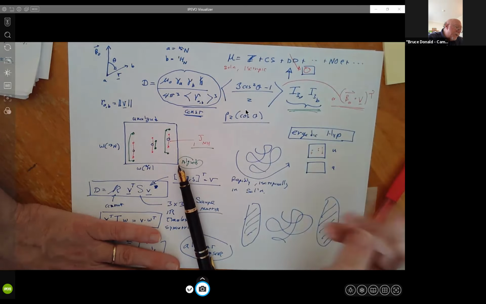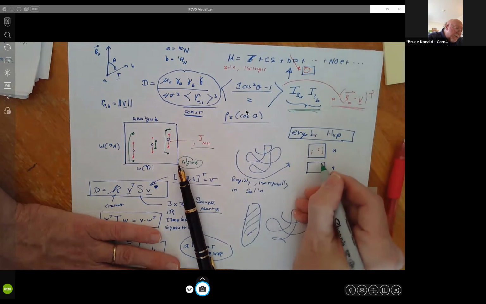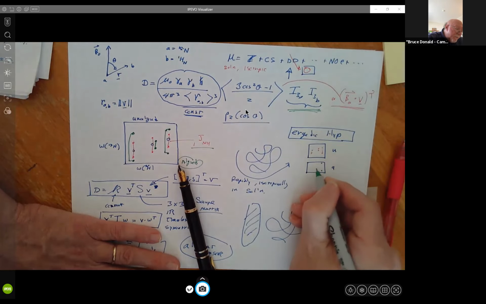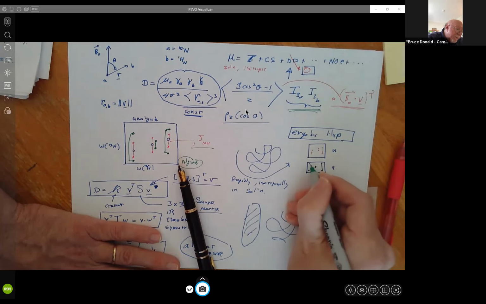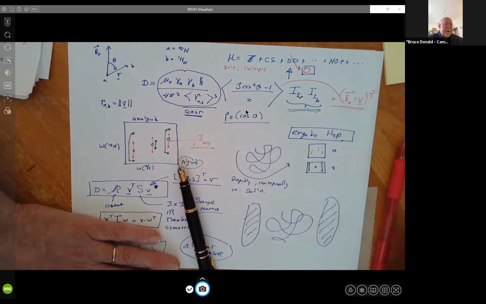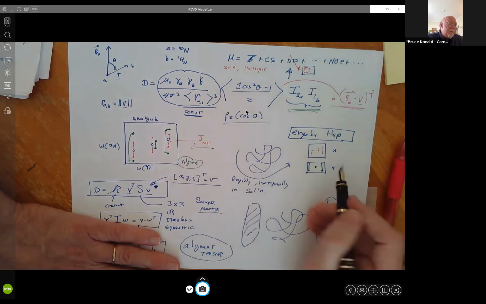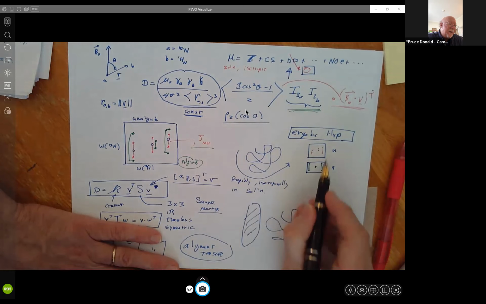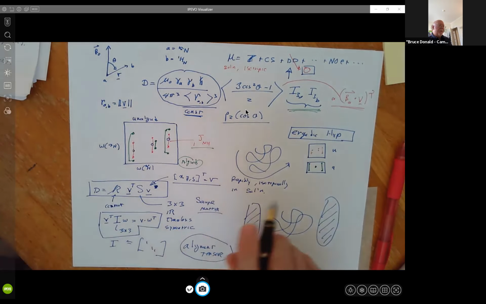The aligned version, these change, they get bigger or smaller. So this one gets really big, this one gets tiny, and this one gets really big like this, right? And so in computing the RDC, what you do is you take the difference of this length from that length, this length from that length, this length from that length. So what you're doing is you're changing the size of these splittings.